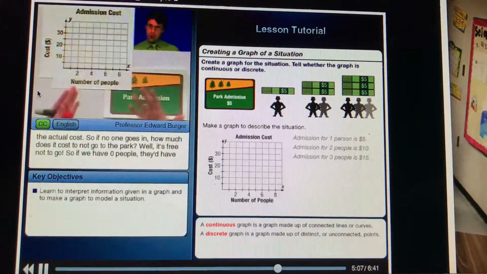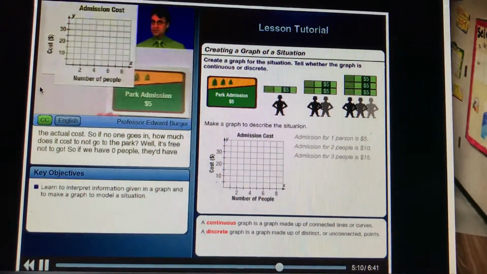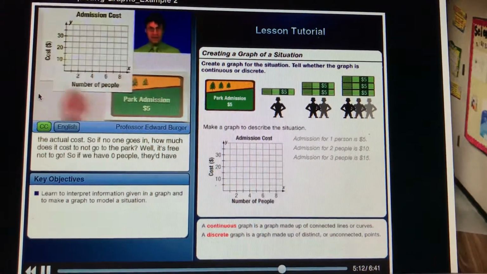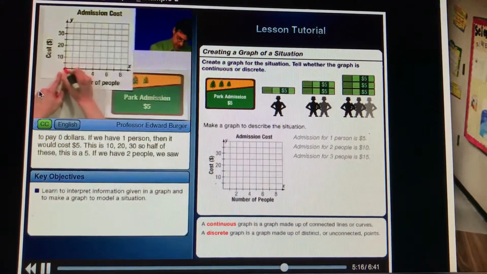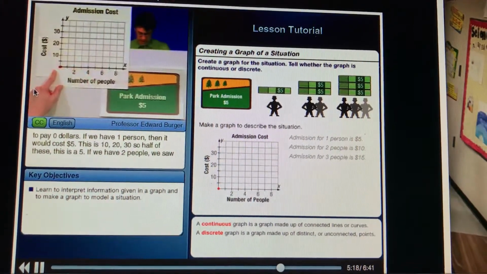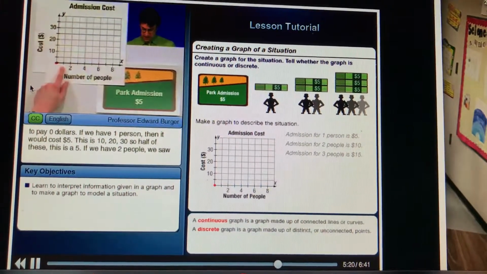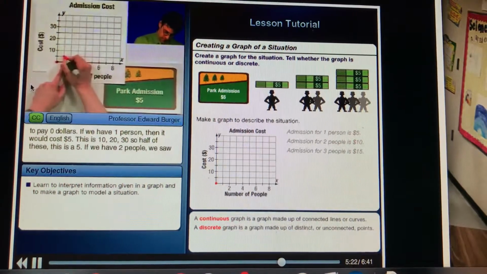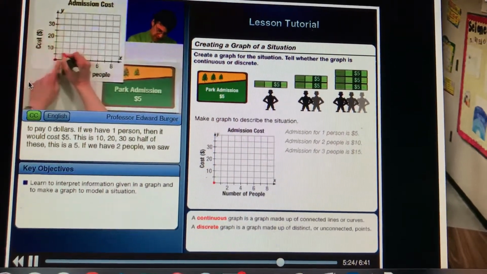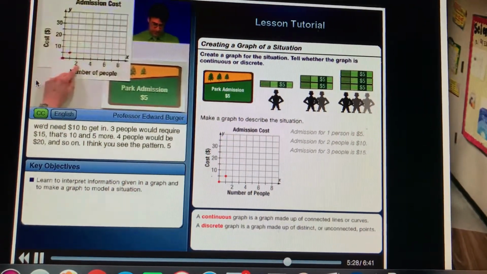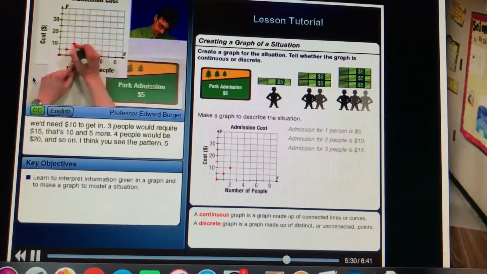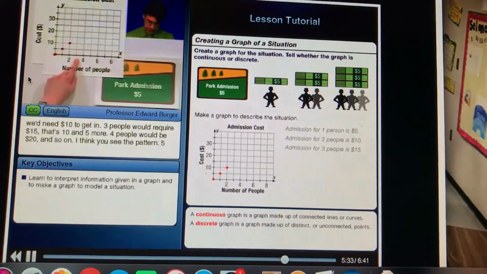So if no one goes in, how much does it cost to not go to the park? Well, it's free not to go. So if we have 0 people, they'd have to pay $0. If we have 1 person, then it would cost $5. So this is 10, 20, 30, so half of these, this is a 5. If we have 2 people, we saw we'd need $10 to get in. 3 people would require $15.